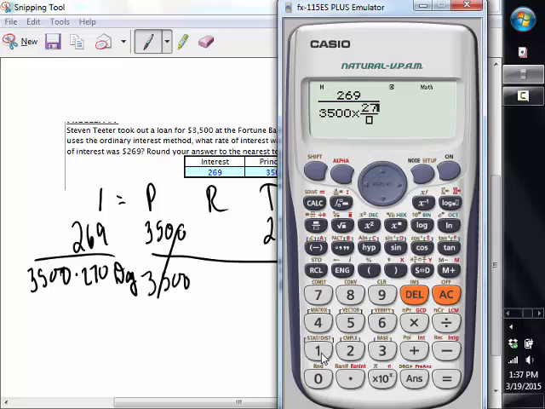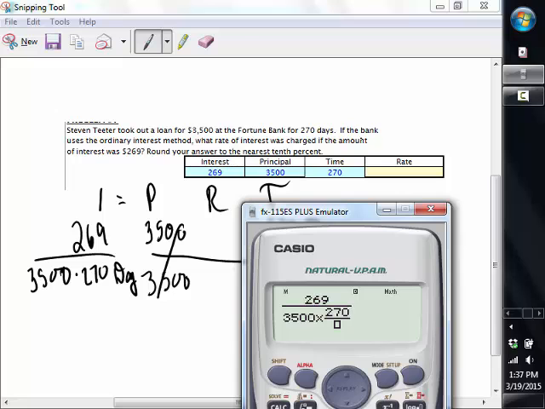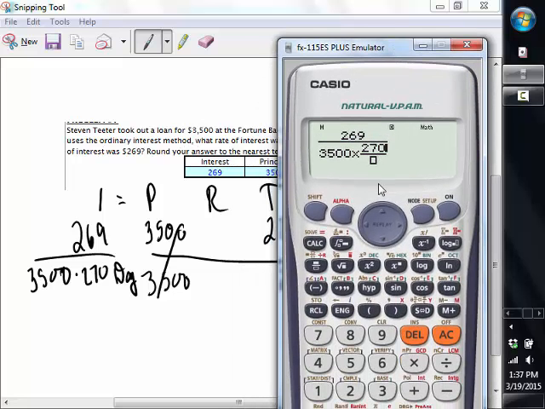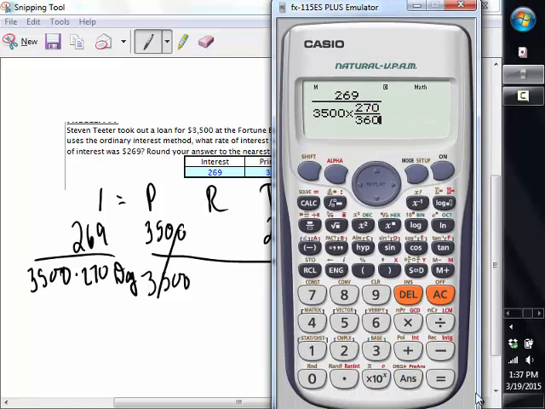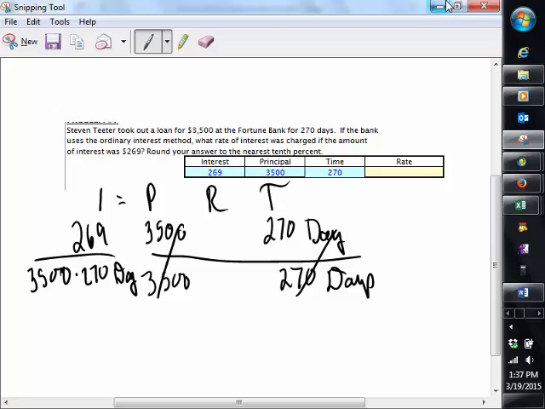It's not 270 years. And since it says ordinary, we're going to divide by 360. And so that will be one way to get our answer: press equals, and then you can press the S to D key to figure out what it is.